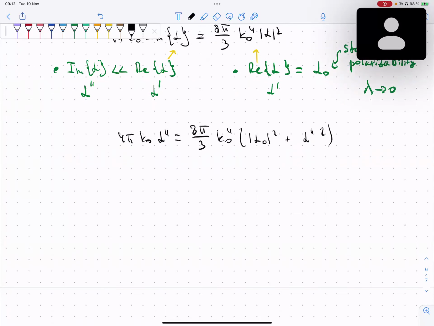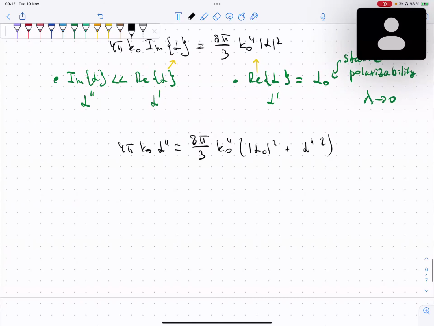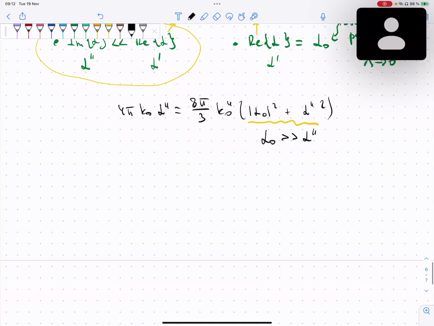Here alpha 0 is much larger than alpha 2 prime from this assumption, because we have a non-absorbing particle, so we assume that the imaginary part of polarizability is very small.